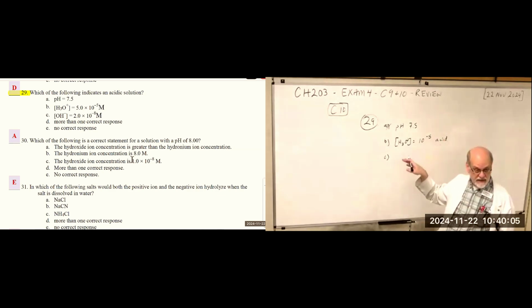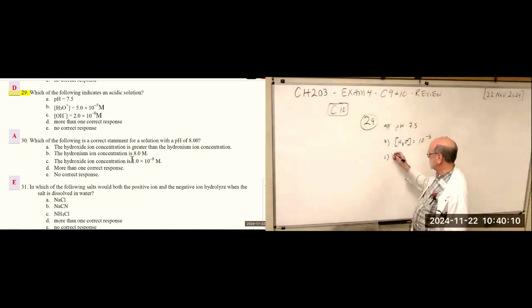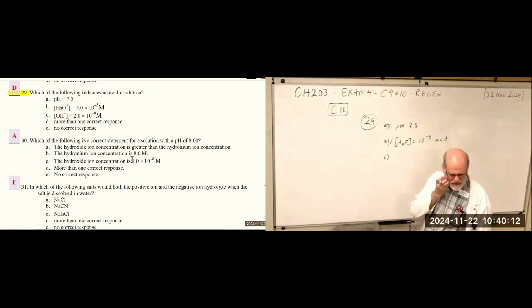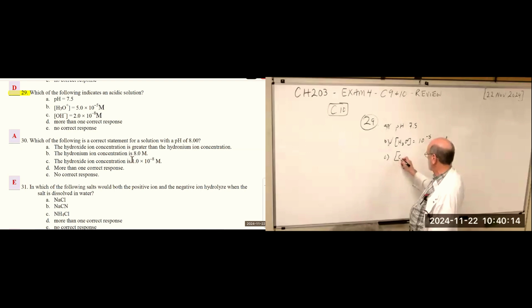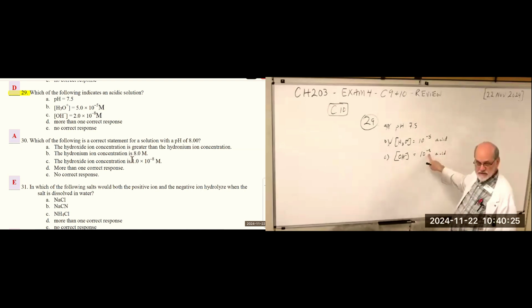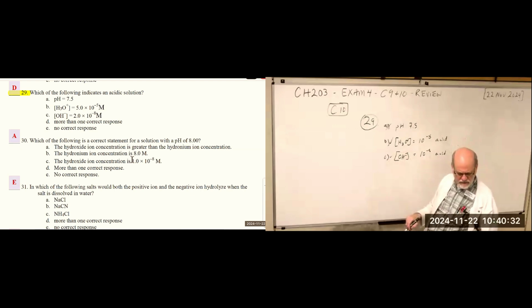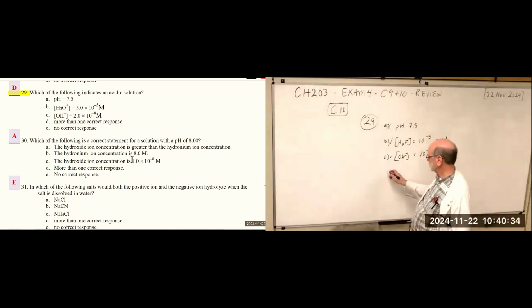It's a lot less than 10 to the minus 7. How about C? Right. That one's acidic. And then OH minus concentration of 10 to the minus 8. That's acidic also, because this is much less than 10 to the minus 7. Okay, so these two are both acidic. That means two of the above. More than one, D. D is correct.